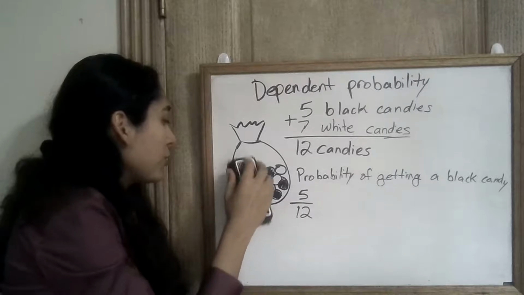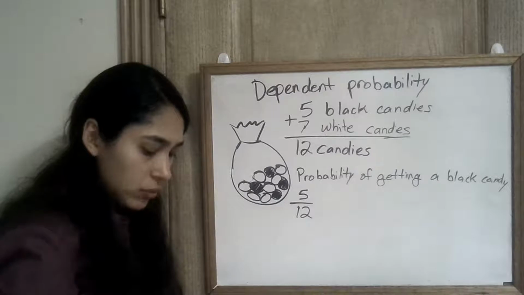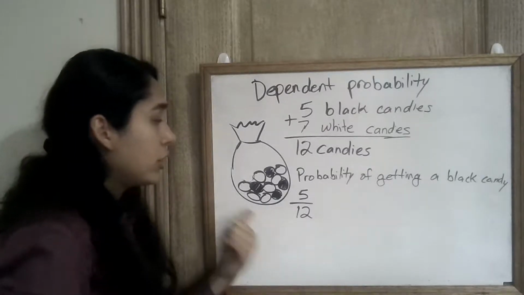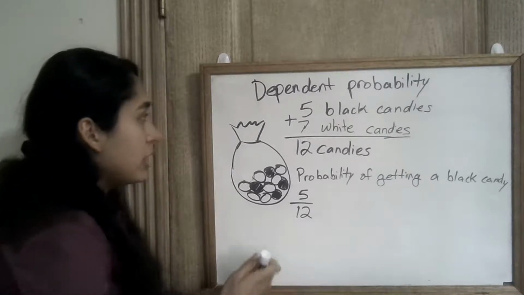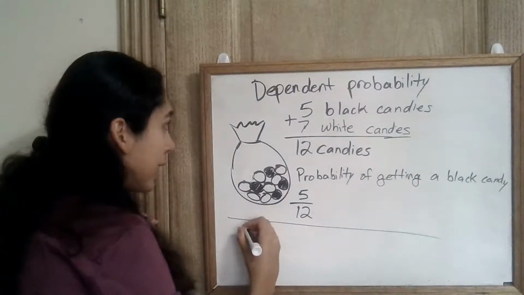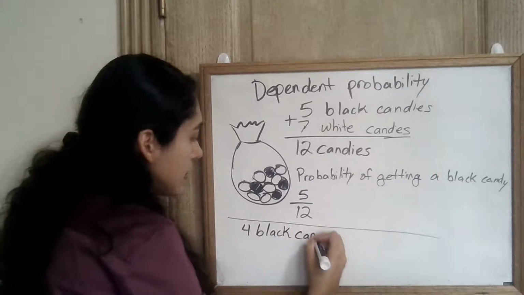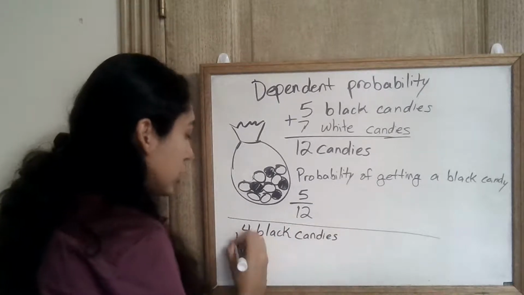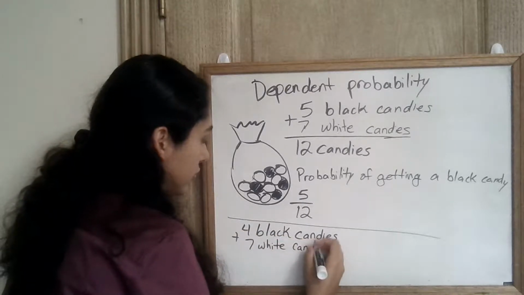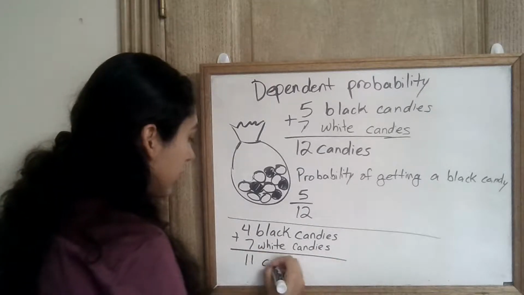That changes the total number of candies. So let's say I want to talk about the likelihood that I'll get, again, another black candy. Well, that changes things. Now, I have 4 black candies, because I ate one. There's still 7 white candies. And my total number of candies is also decreased to 11 candies.